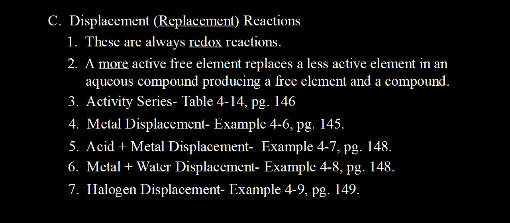And how it works is a more active free element, so we have an element that's by itself, will replace a less active element that is in a compound. And you produce a different element and a different compound. Let me write a generic equation for you.